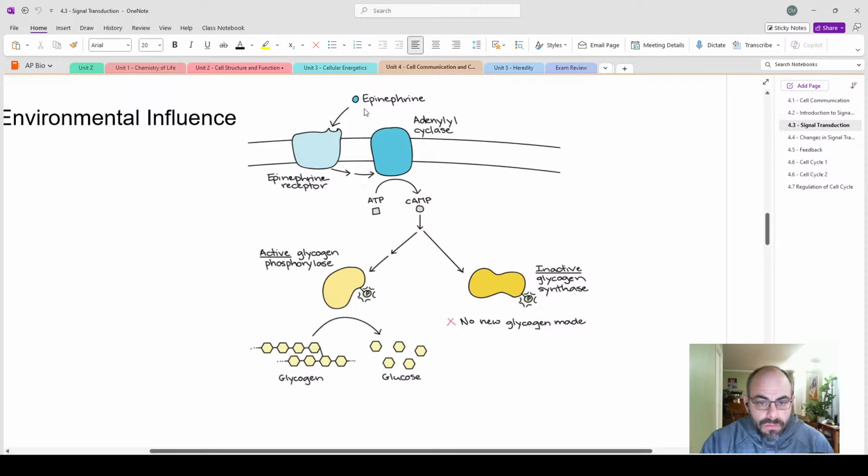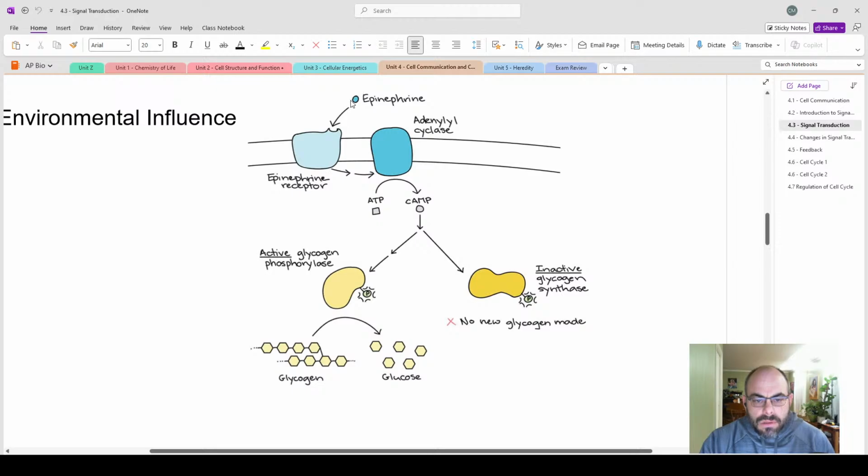And that right there is just reception. Everything between here and response, which in this case is release of the glycogen stores, is transduction.